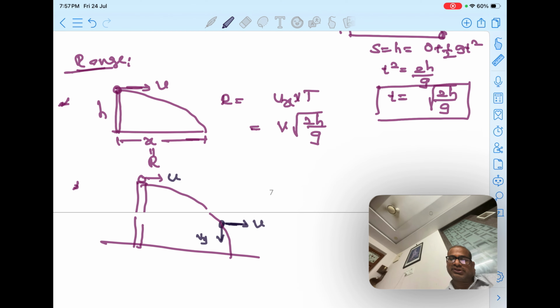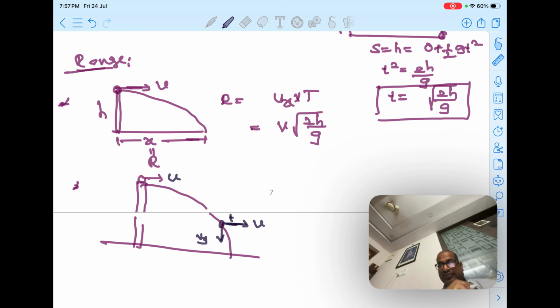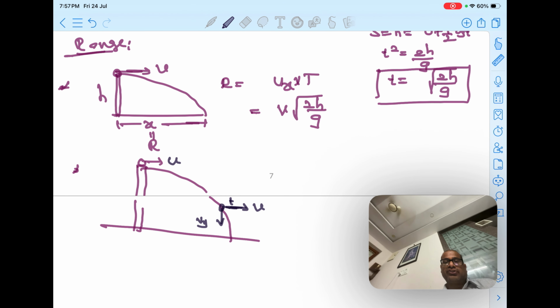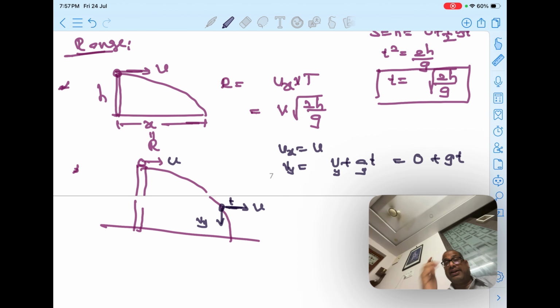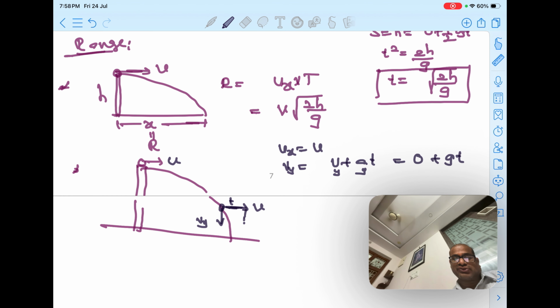So the velocity after t seconds: in the x direction it is u, and in the y direction it is u plus at. Since the initial y velocity is 0, this will be equal to gt.